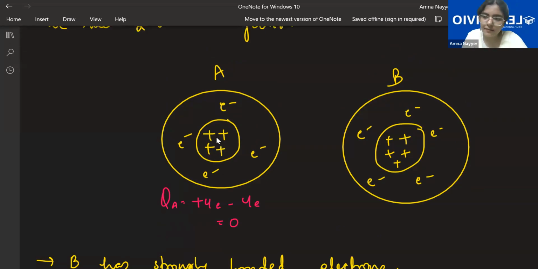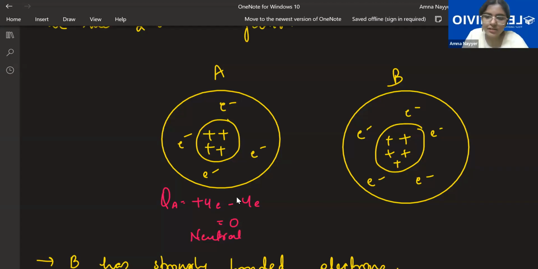What is it, Safrina? Positively charged or negatively charged? Neutral. Yes, it is neither positively nor negatively charged. This is neutral.